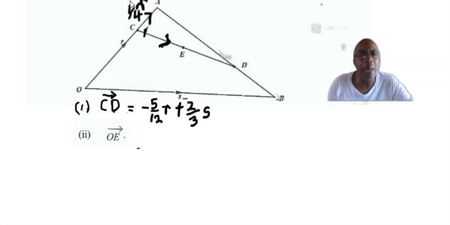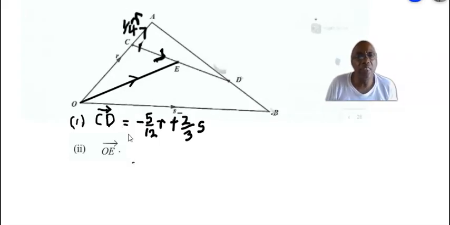So now we go to part 2, where we are asked to find vector OE. Now vector OE is really the vector going from O to E. And so we'll draw the straight line from O to E to show that vector.